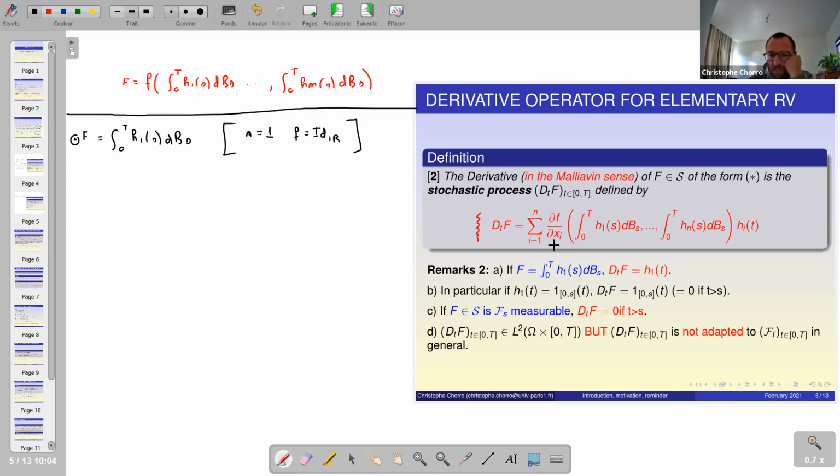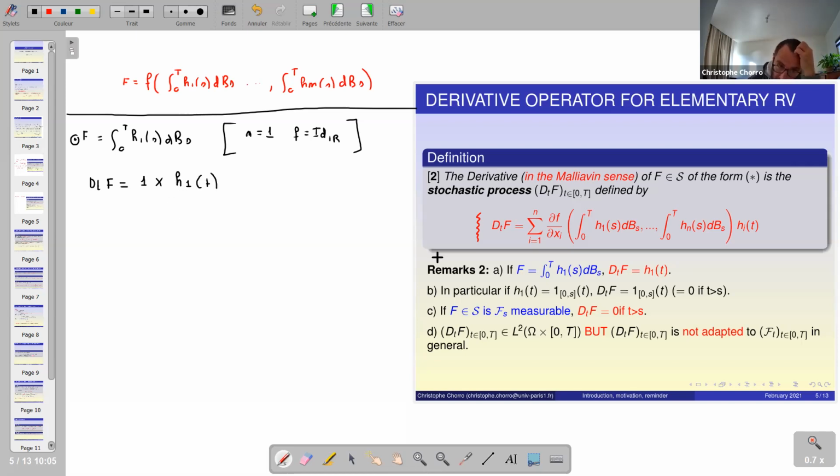I have to consider the derivative of f with respect to the unique variable, and here it's the derivative of the identity that is equal to 1, multiplied by h. Okay, so in this case, D_t of f is equal to what? So let's say 1, that is the term coming from the derivative with respect to the variable, because the derivative of the identity is equal to 1, and multiplied by h_1 of t.